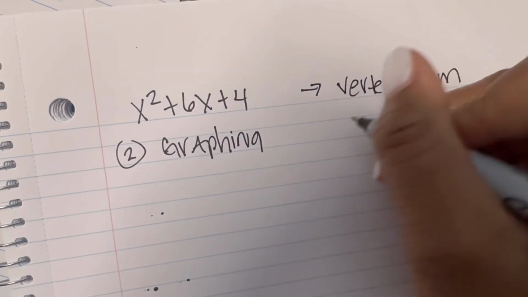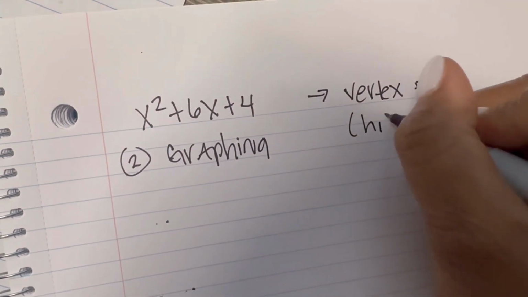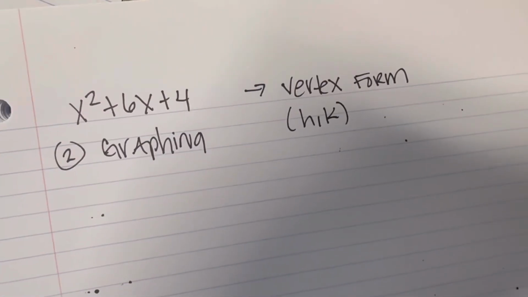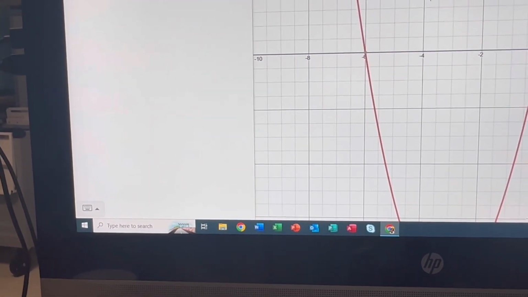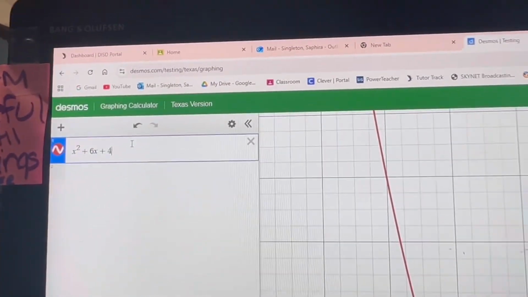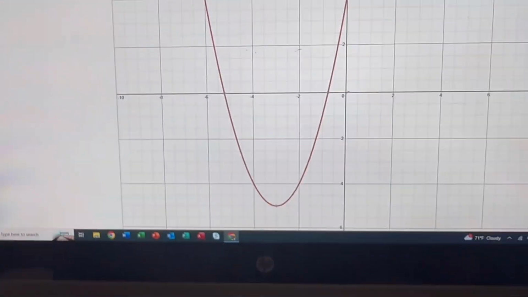Well, you need a vertex, right? How do you find the vertex? Graph it. So let's go ahead and graph x squared plus 6x plus 4. Graph it, and there you go.